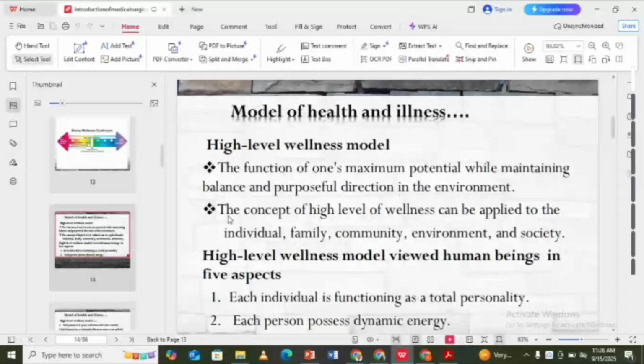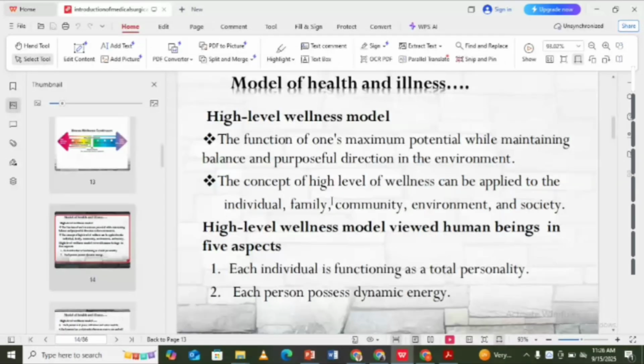So with the high level wellness model, basically one has to take care of their well-being.